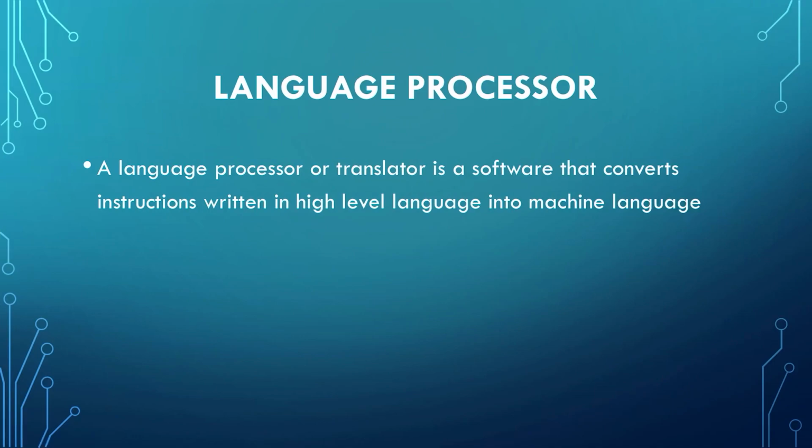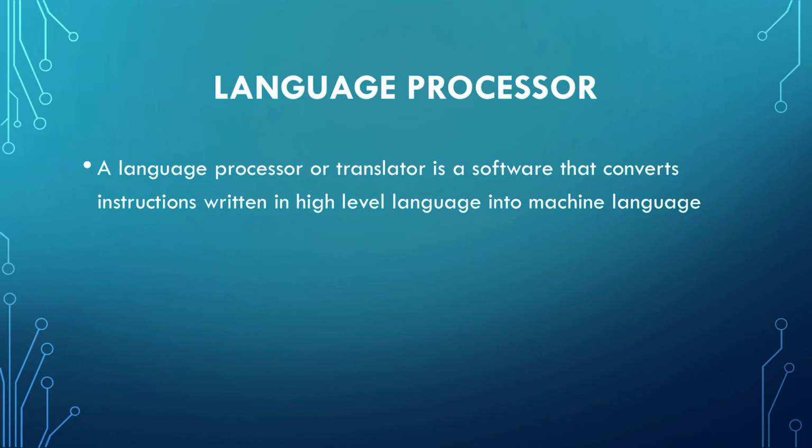A language processor or translator is a software that converts instructions written in high level language into machine language. So we know that instructions written in high level language are known as source code or source program, and on the other hand, the instructions written in low level language are known as object code or object program.